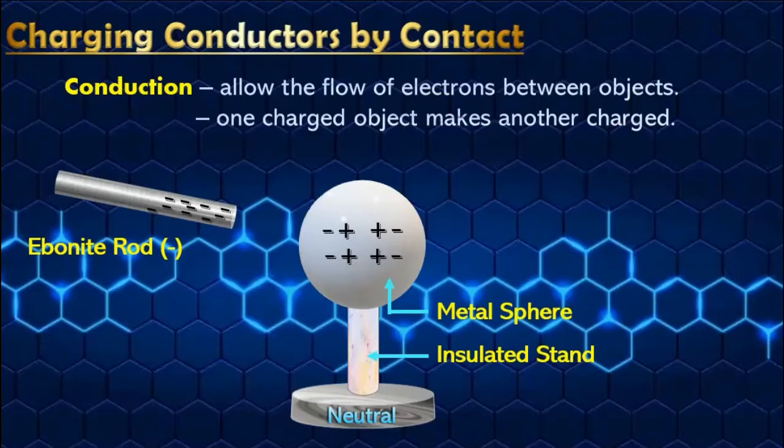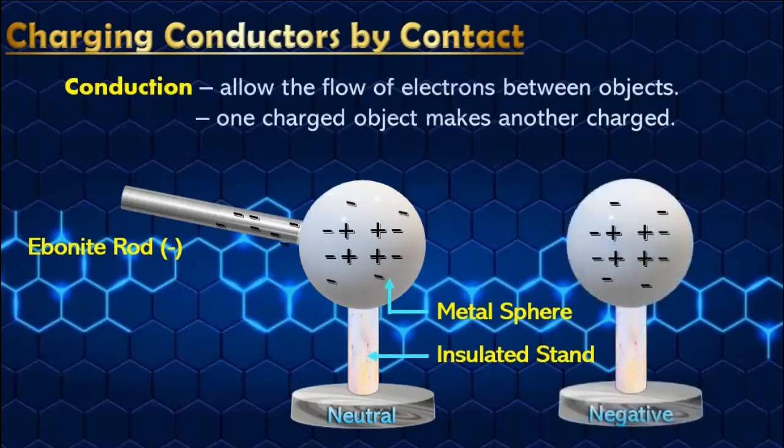When this negatively charged rod touches the sphere, the electrons of this rod will react, causing them to find another stable environment. When that happens, the metal sphere will receive electrons. In that case, from neutral, the metal sphere now becomes negatively charged.